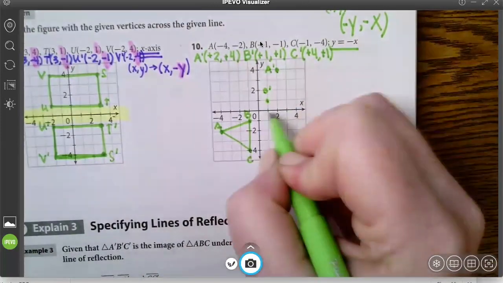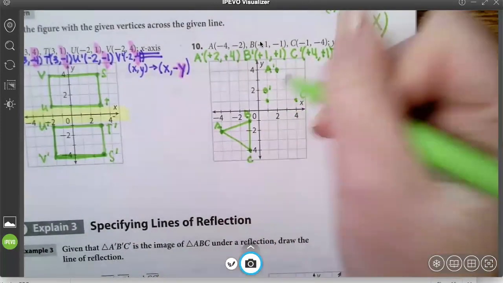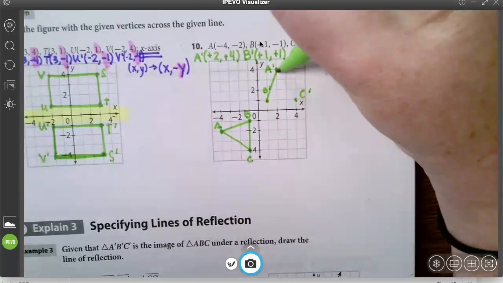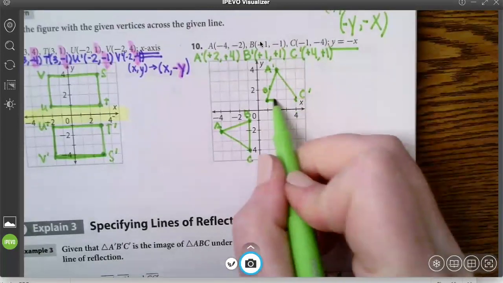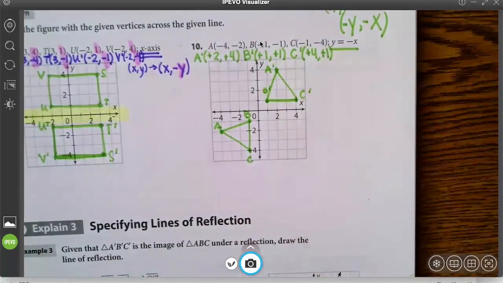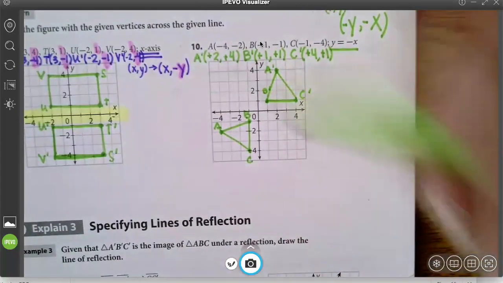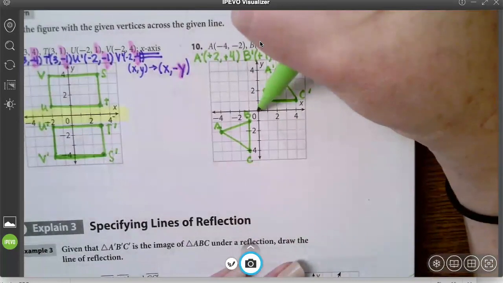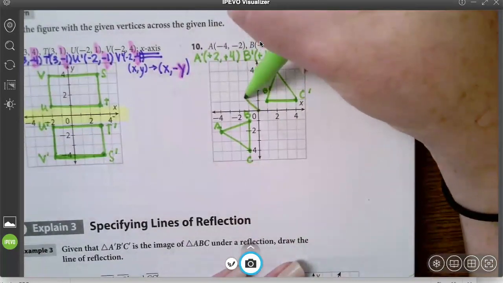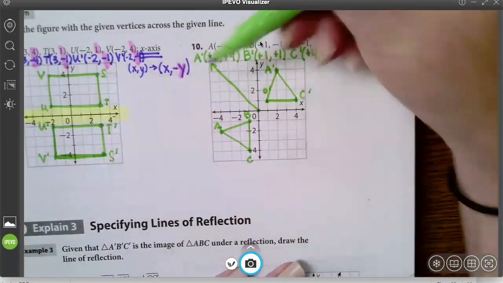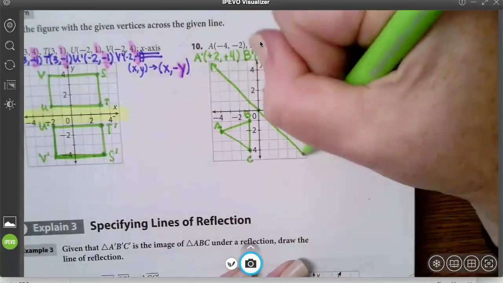C prime is at 4, 1. Okay, and you can see our line of reflection, which should be y equals -x. It's going to go through 0, 0, and it has a -1 slope. So it's just going to connect on all the diagonals down here.